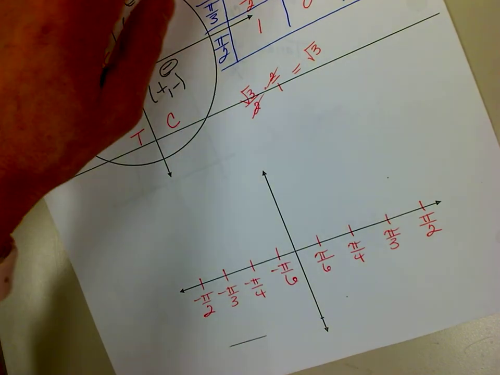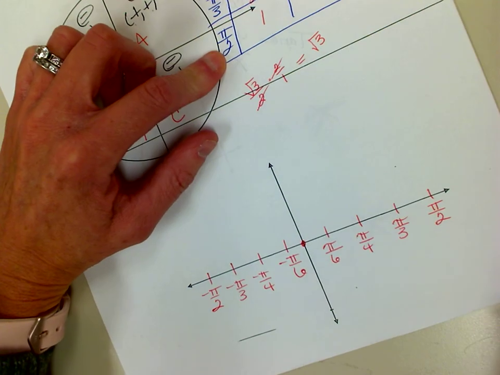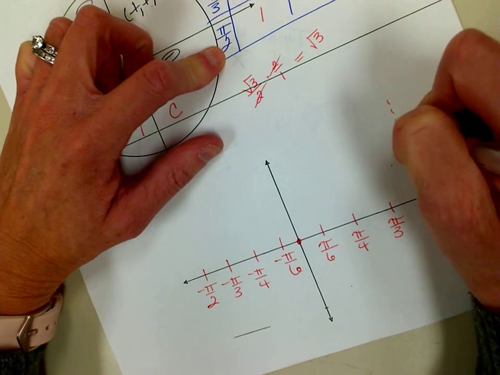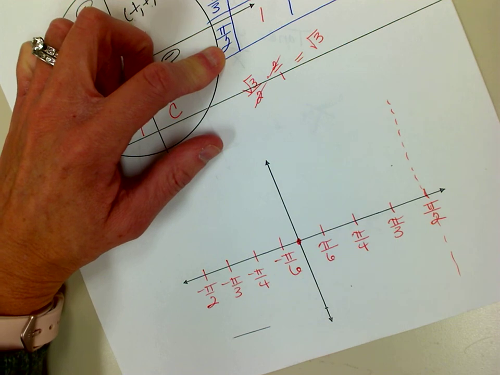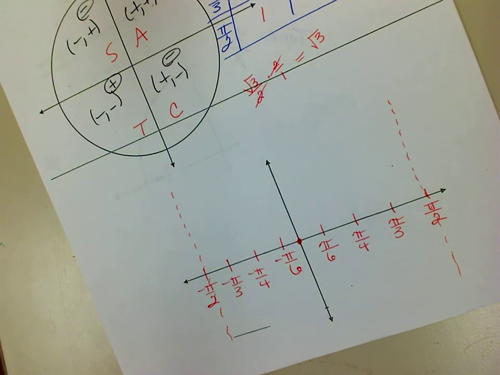Okay, so tangent at 0 is 0. Tangent at pi over 2 is undefined. I'm going to put a vertical line there. That's also going to happen over here. So let's see what happens in between those two.